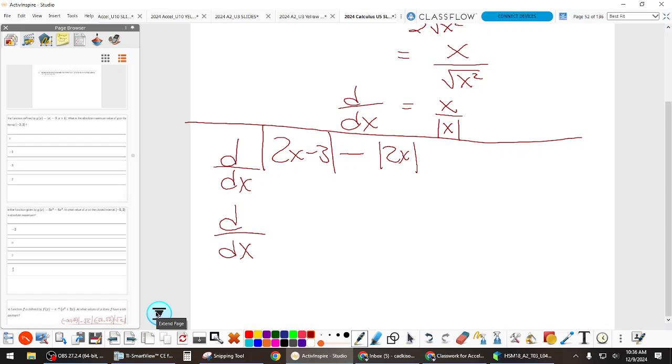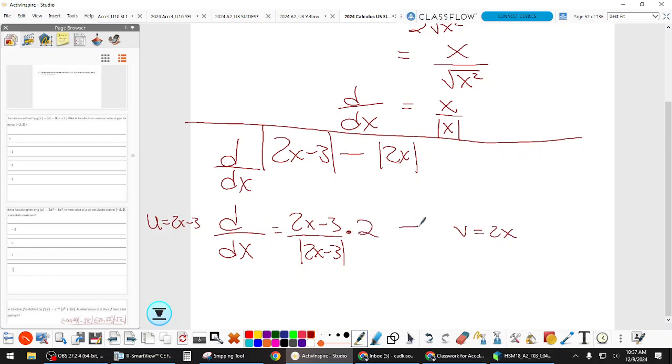Just say 2x minus 3 equals u. Yep. On this side, and then maybe over here put u equals 2x. So 2x minus 3 over the absolute value of 2x minus 3. So that's just rewriting this with u plugged in, times 2.